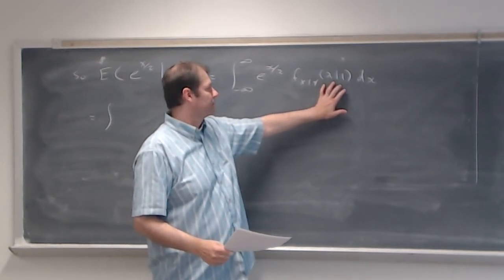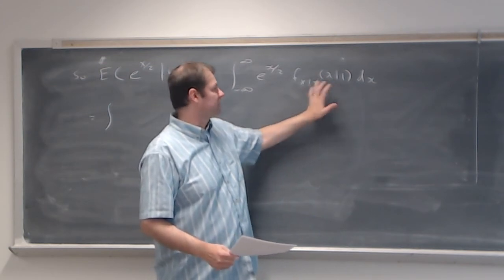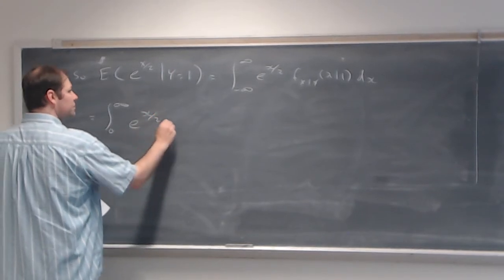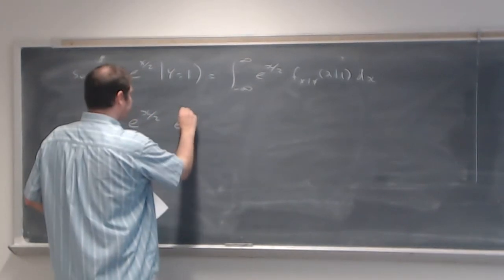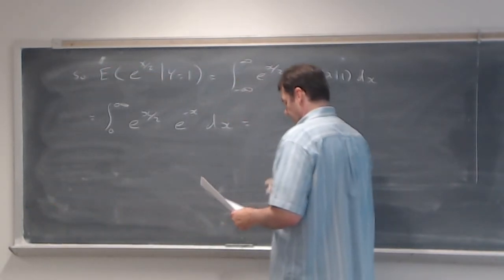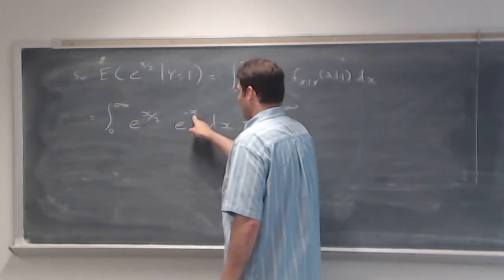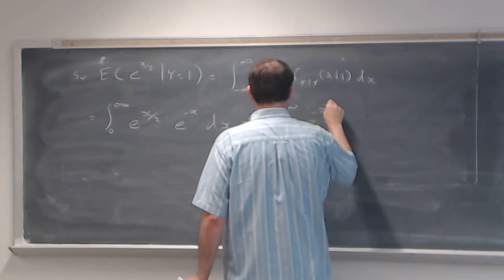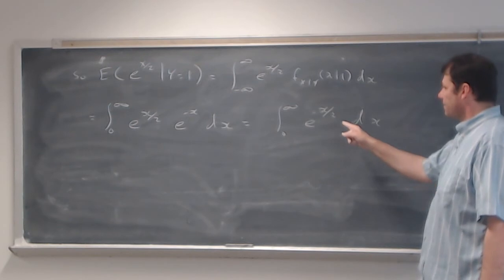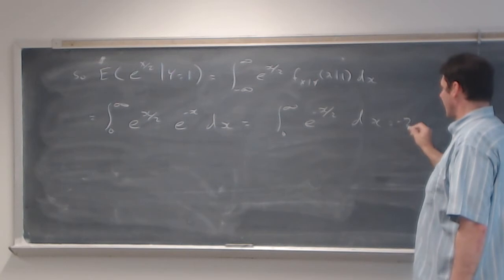We know what this is, we just found it, and where it's non-zero is from 0 to infinity. So that's the integral from 0 to infinity of e to the x over 2 times e to the minus x dx. When you combine these to get a common denominator, you get the integral from 0 to infinity of e to the minus x over 2 dx. And then here again, I need a minus 1/2. I insert that and compensate by putting a minus 2 out front.